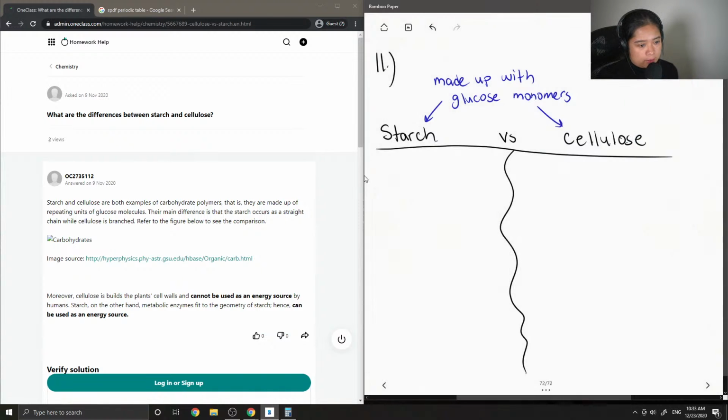But in the case of their differences, for starches, the linkages are alpha 1,4 linkages. And in the case of cellulose, the linkages are beta 1,4.